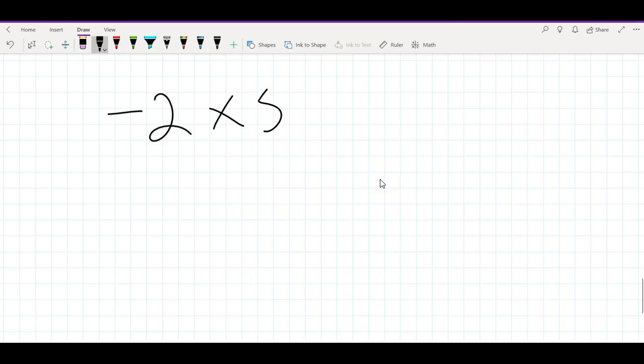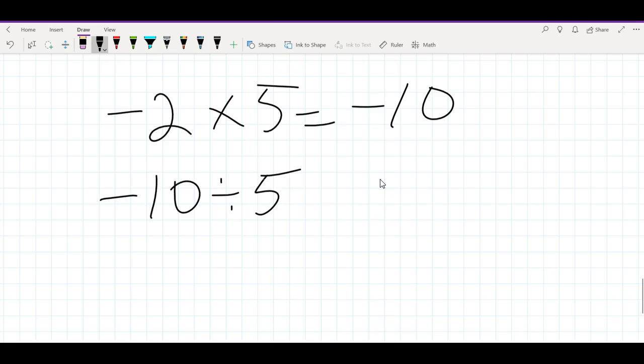Negative 2 times 5 is negative 10. Right? Different signs gives us a negative outcome. Negative 10 divided by a positive 5 gives us a negative 2. Okay, so if you're multiplying or dividing same sign, your answer is positive. Multiplying or dividing different signs, your answer is negative.